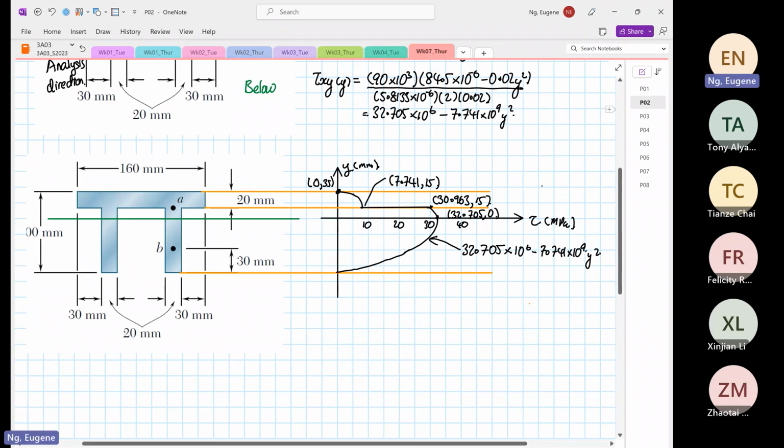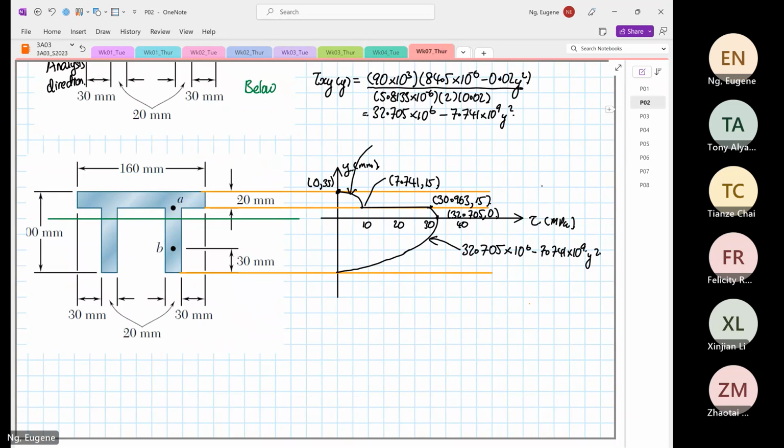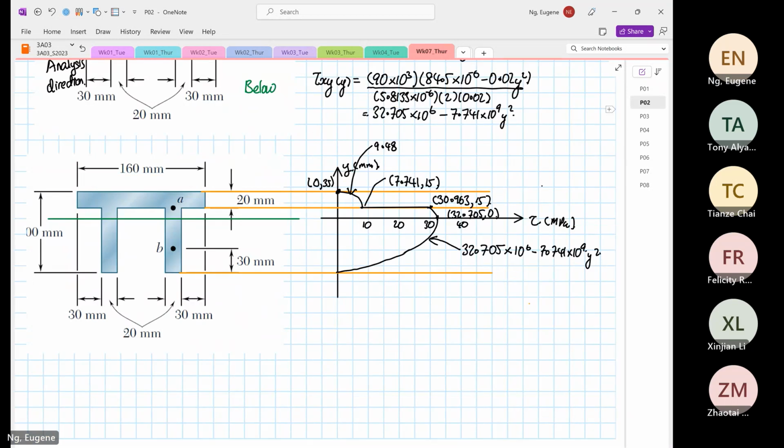And this curve over here is a different curve with a different equation, which is equal to 9.483 times 10 to the power 6 minus 7.741 times 10 to the power 9 y squared.